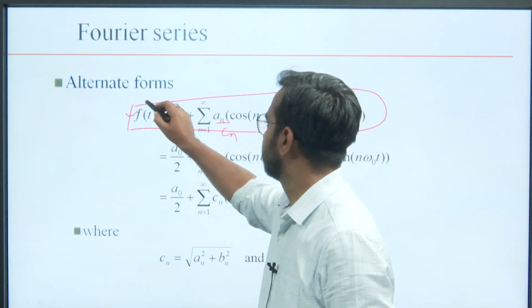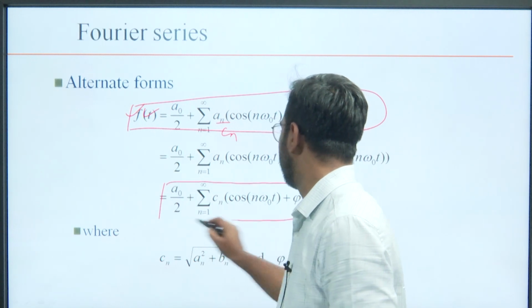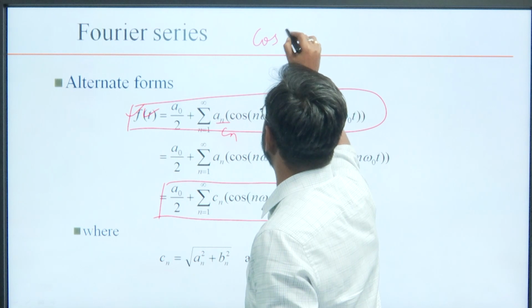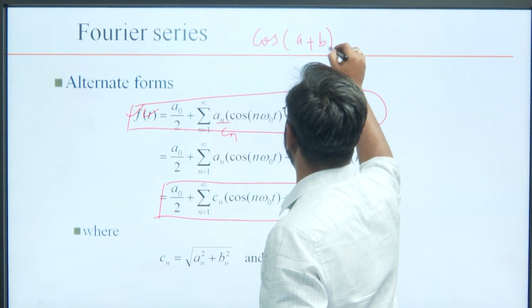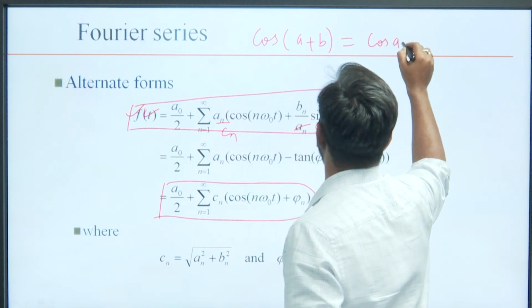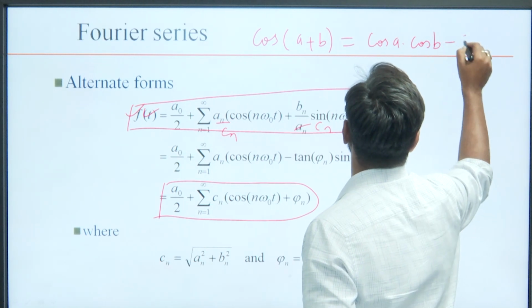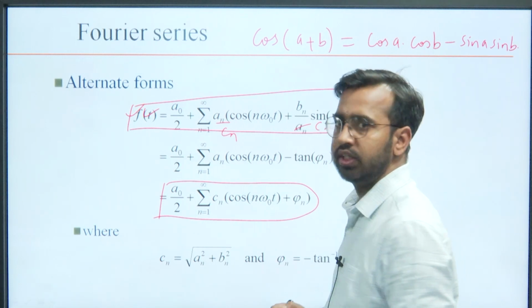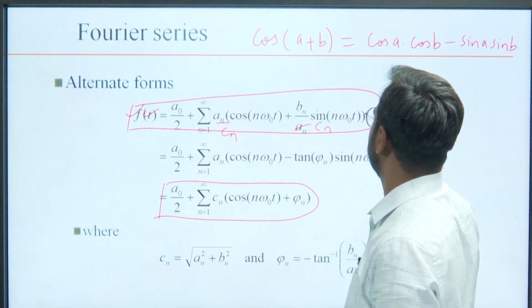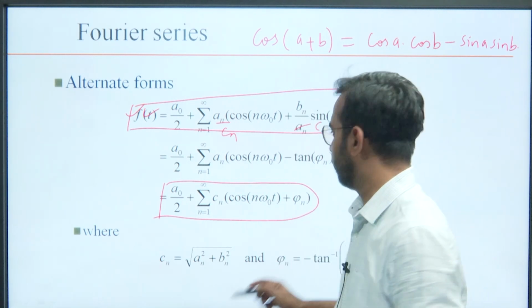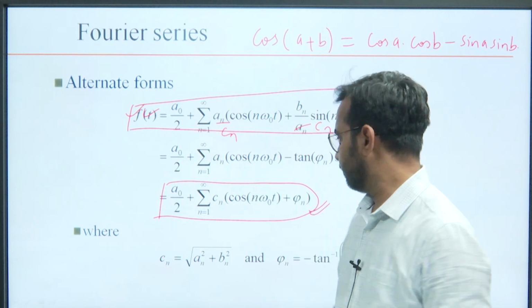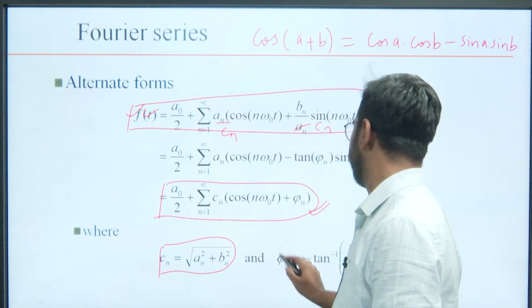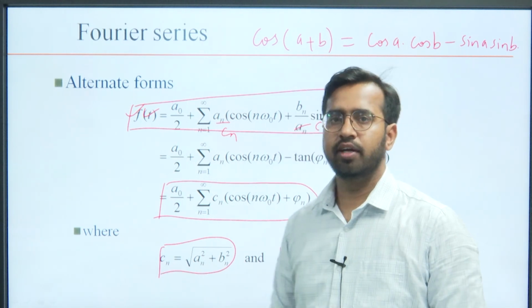See, basically you have to remember one thing: cos(A plus B) is equal to cos A into cos B minus sin A into sin B. Using this relation we have converted the common trigonometric form into a cosine form, where Cn represents the square root of an square plus bn square and phi n represents the angle, tan inverse of bn by an.